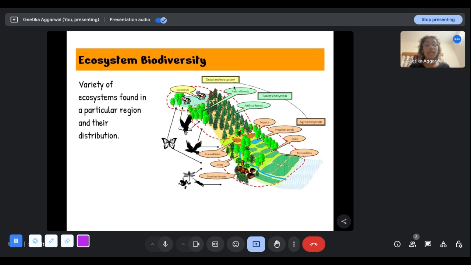There is this grassland, there are natural forests, there are artificial forests, there are irrigation ponds, there are rice paddies. So there are so many different ecosystems in that particular area itself. So there is grassland, forest, and agro ecosystem as three bigger brackets of the multiple ecosystems found in this area. That is ecosystem biodiversity. How many different types of ecosystems you have in a particular area, right?